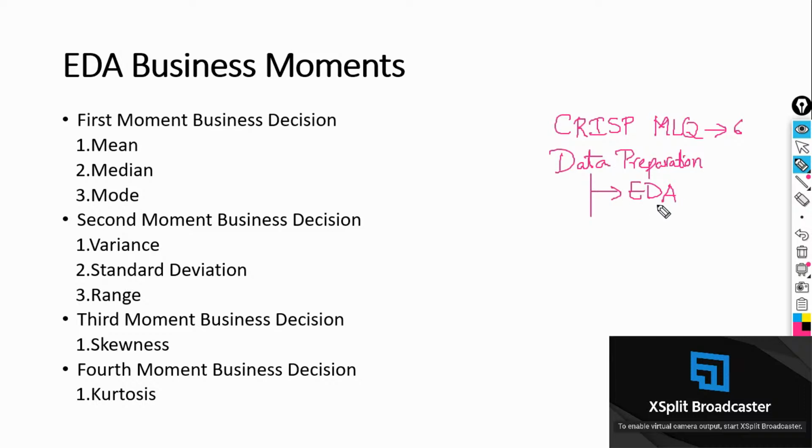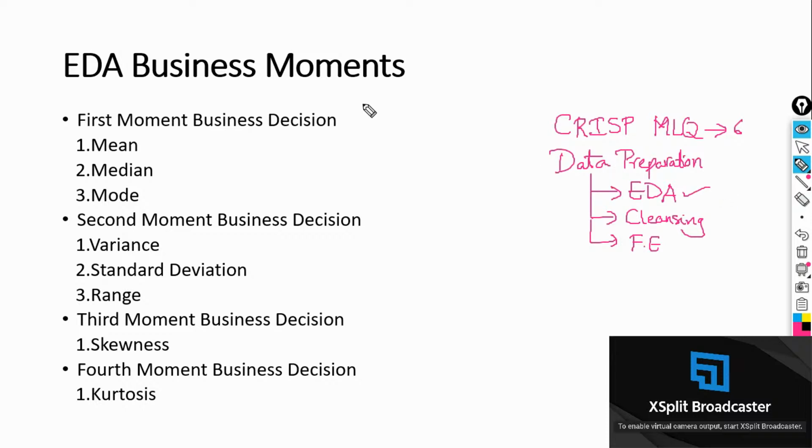We perform a kind of analysis on the raw data, then we clean the data, as well as perform feature engineering. We try to understand all the features. These are the sub phases of data preparation, and we are at the EDA level.